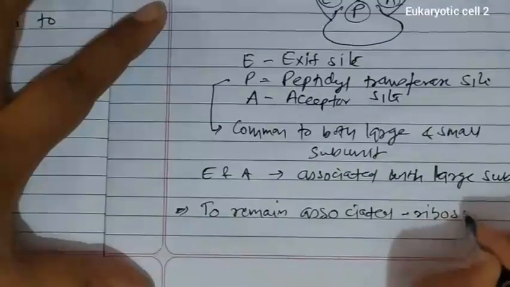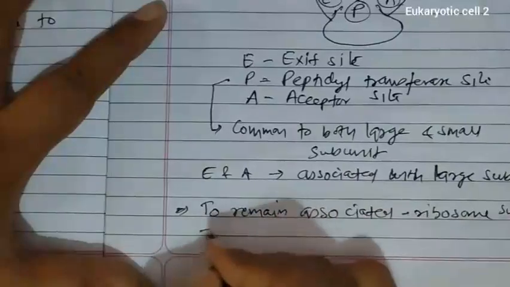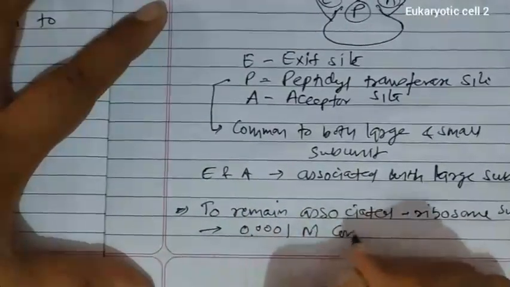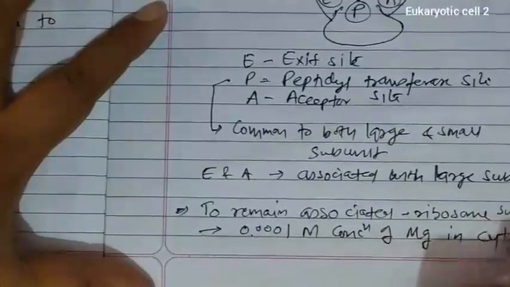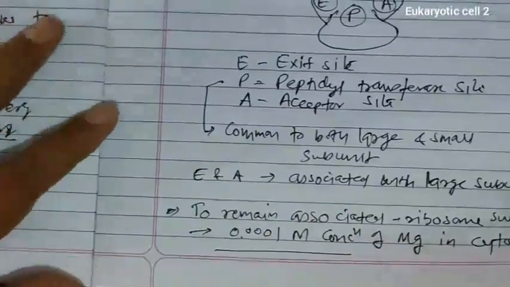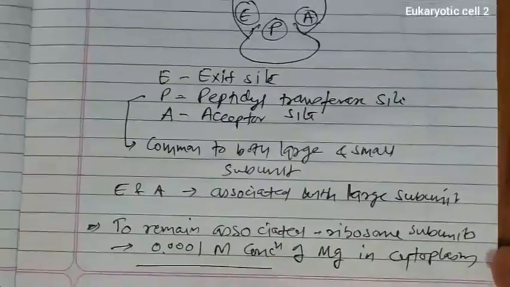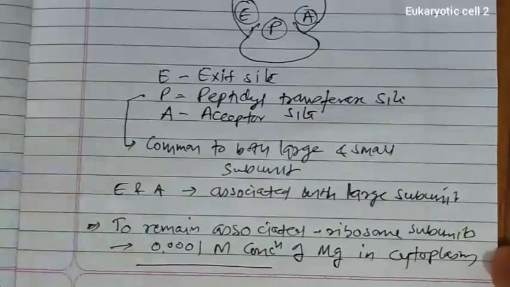There is a need of 0.001 molar concentration of magnesium in the cytoplasm. So with this 0.001 molar concentration the subunits can associate, otherwise they are found in a dissociated form.